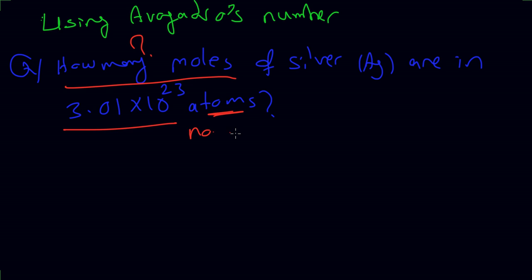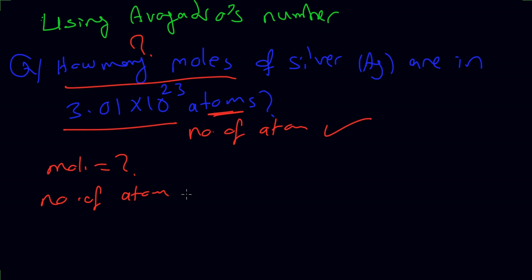So number of atom is given. Okay, so mole is unknown, number of atom is given, is equal to 3.01 multiplied by 10 to the power 23 atom. Good. So the result is like that.